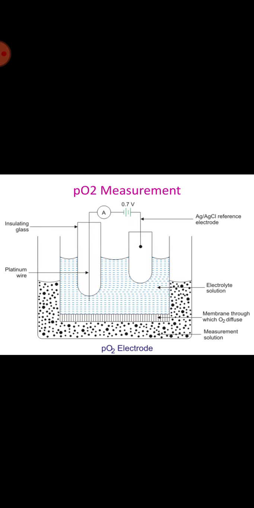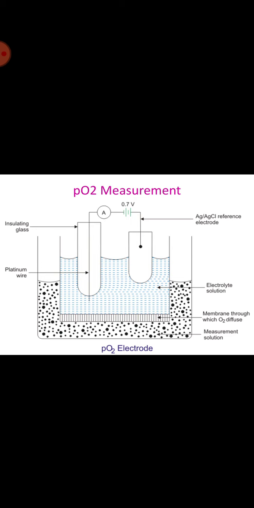Oxygen from the blood diffuses across the membrane into the electrolyte filling solution and is reduced at the cathode. The circuit is completed at the anode, where silver is oxidized, and the magnitude of the resulting current indicates the partial pressure of oxygen.